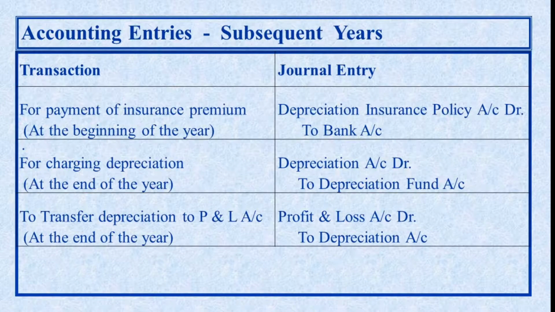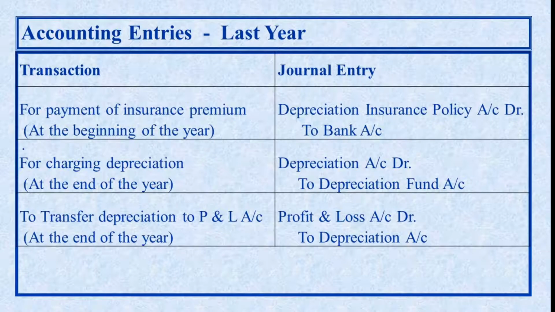In the subsequent years, that is, for all the years for which an asset is used, the entry for payment of insurance premium, entry for providing depreciation, and entry to transfer depreciation charge to profit and loss account are passed.